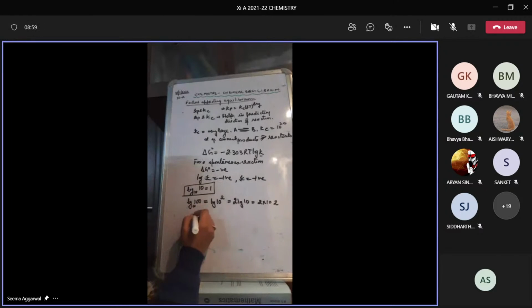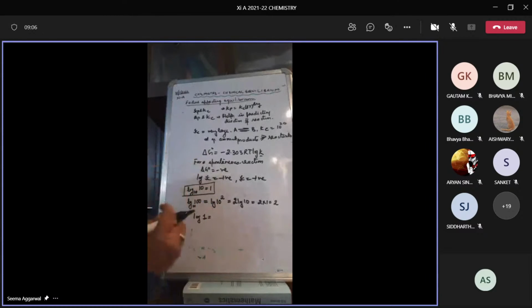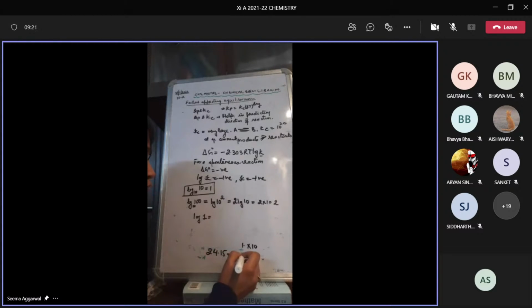What will be log 1? 0. How? Because what we need is scientific notation. Scientific notation means any term into 10 to the power, with one digit before the decimal. Suppose I am given 24.15. I will write this as 2.415 into 10 to the power 1.